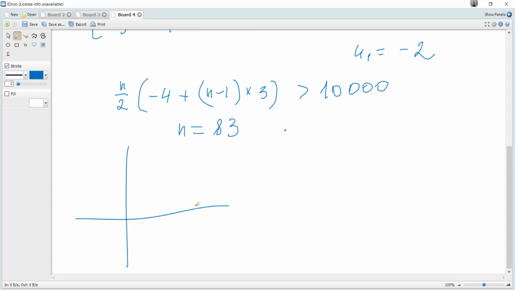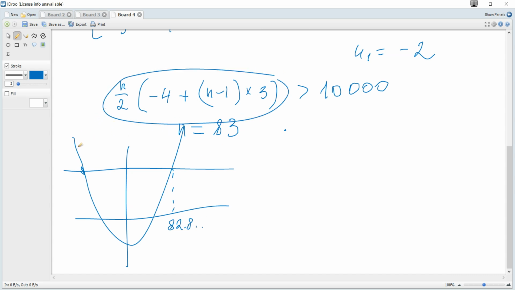So this point of intersection is 82 point something, and we need the y value of this parabola to be greater than this value, so we round up so that the value of the function must be greater than, and n is a positive integer, so it's 83.